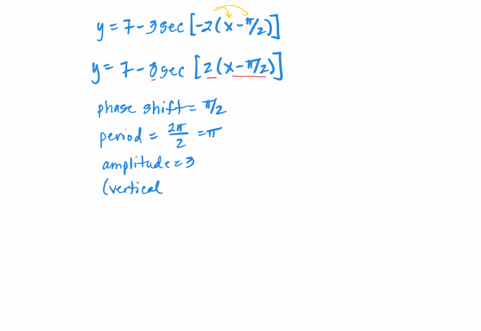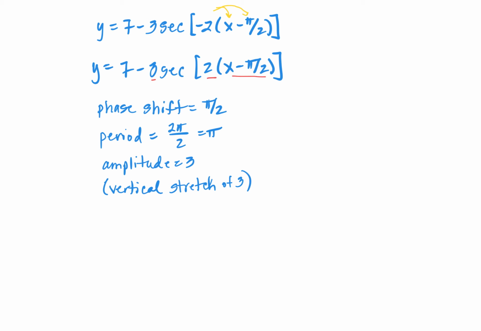The thing is that since 3 is greater than 1, any number greater than 1 is going to be a stretch. So that's a vertical stretch. So you could put amplitude of 3 and I would understand what you mean, but your book might want you to write vertical stretch of 3. Okay, or by 3, either way.